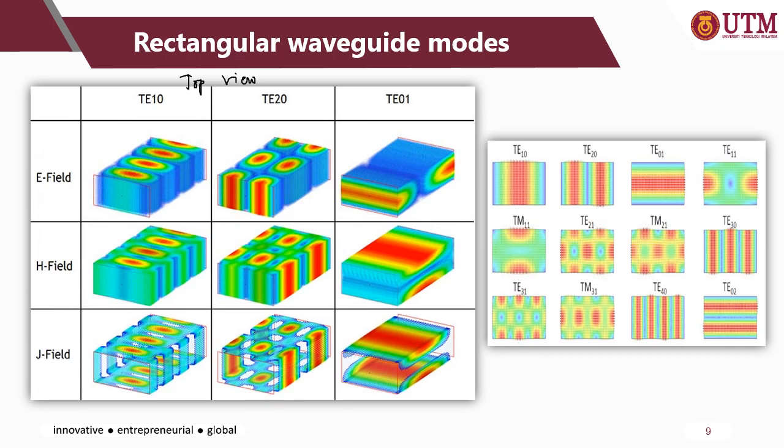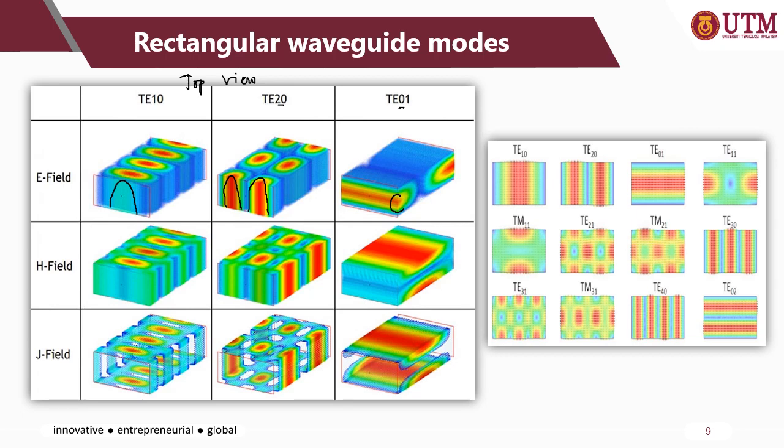In this case, if you look at this point, only one peak in the middle, so it is basically TE10, and here you can see two peaks, so it's TE20. And TE01: now the broad side is 0, but you have one at the shorter side here.